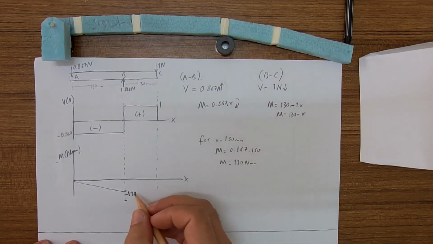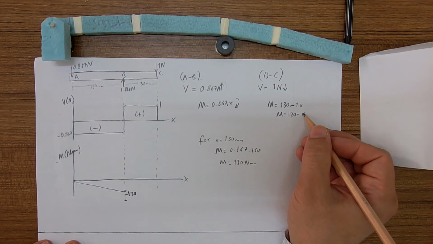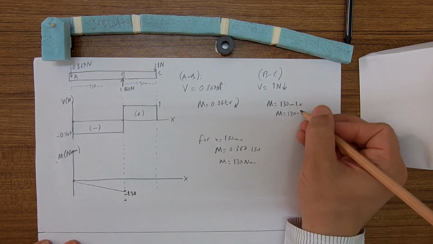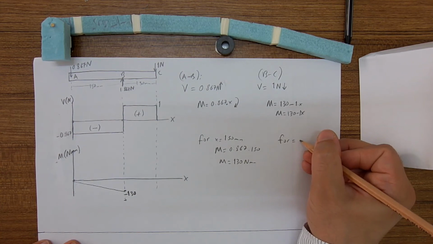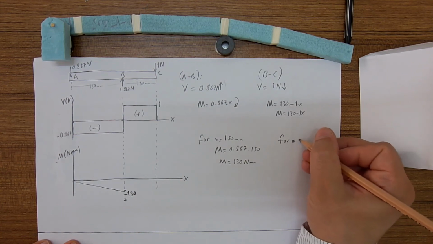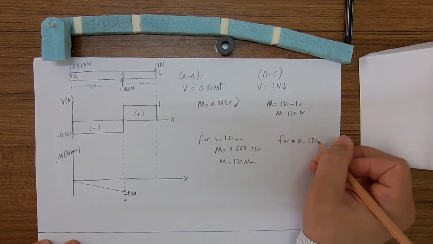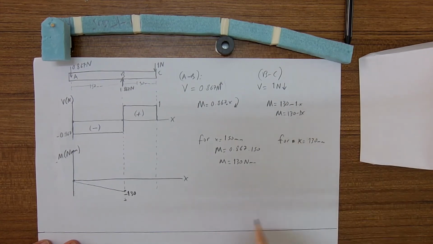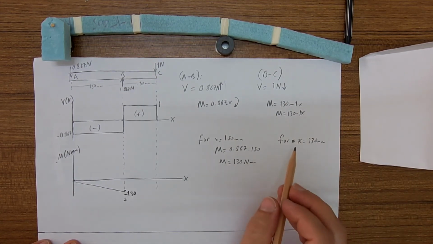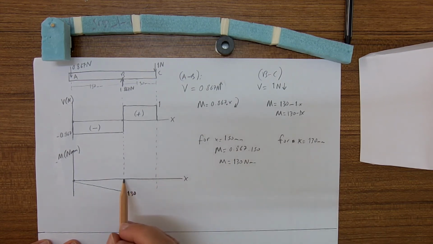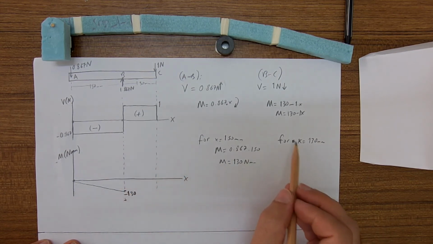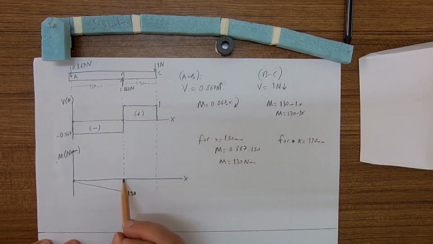Then when x is equal to 130 millimeters, don't get confused by the x, because x is 0 at B between B and C, it is here.